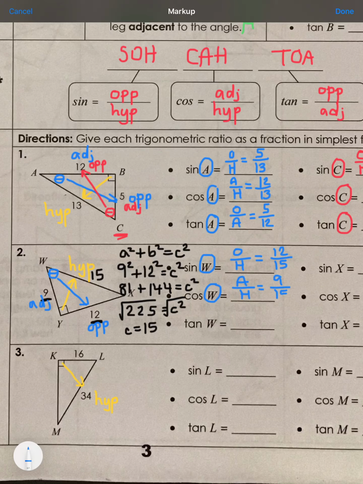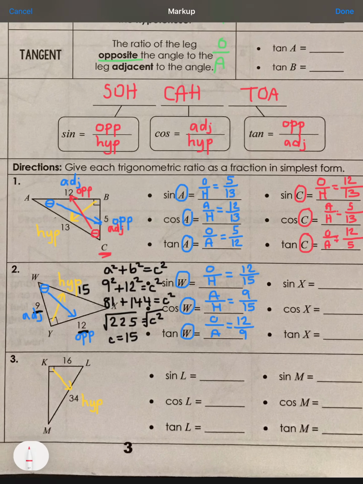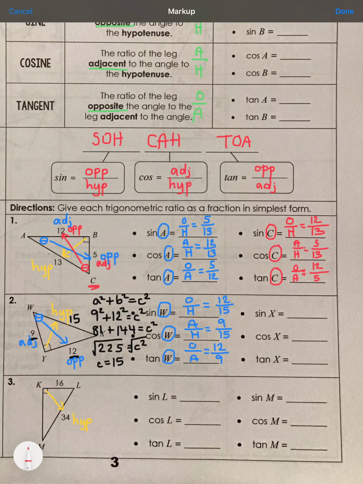The sine of W would be 12 over 15. The cosine of W would be A over H. That is 9 over 15. And the tangent of W is O over A. So that's 12 over 9.